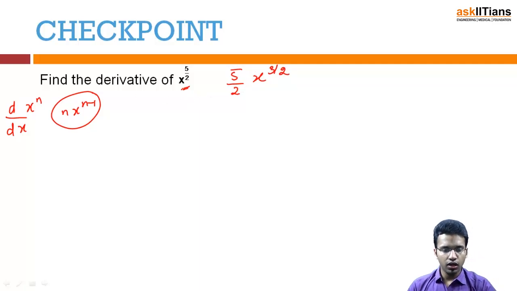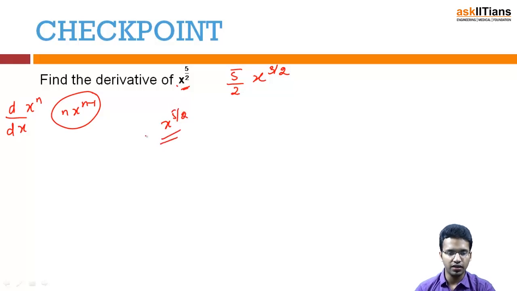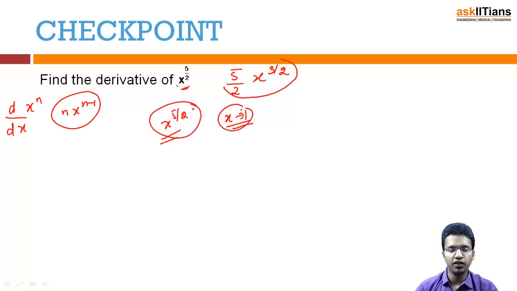Now again, going to the literal meaning: x raised to power 5 by 2 is the function we are looking at, and if I change x from, suppose, 1 to some value, the measurement of the change corresponding to this will be given by this function. The rate of change at this point will be given by this function.